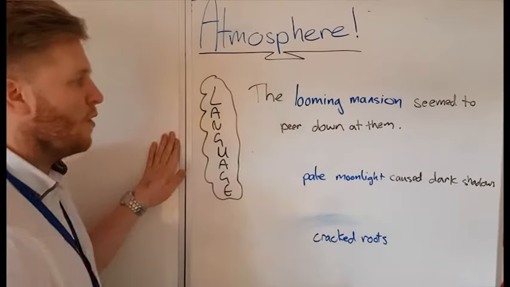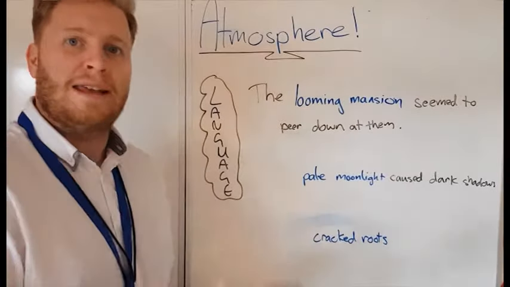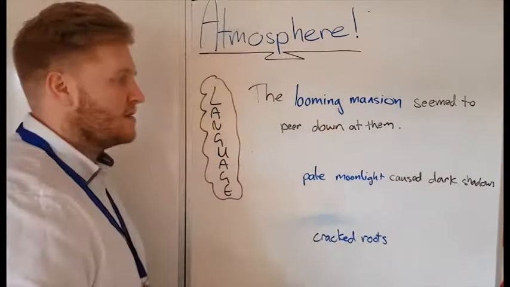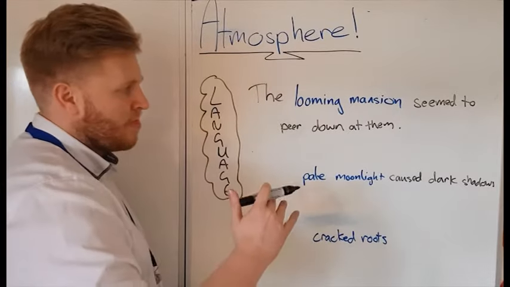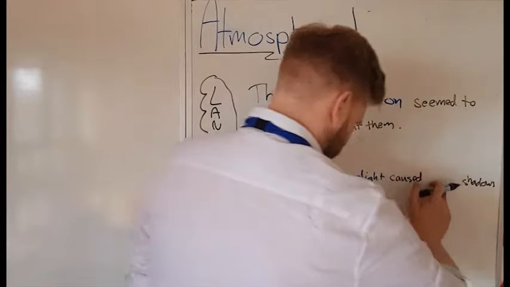And I want to add some more to that, but I've got pale moonlight, dark shadows. Again, this thing here is causing something that's adding to the atmosphere. Let's change this dark, let's put maybe ominous in there.